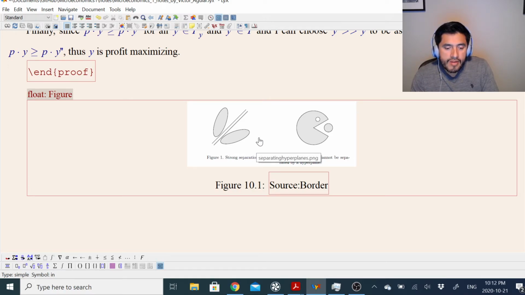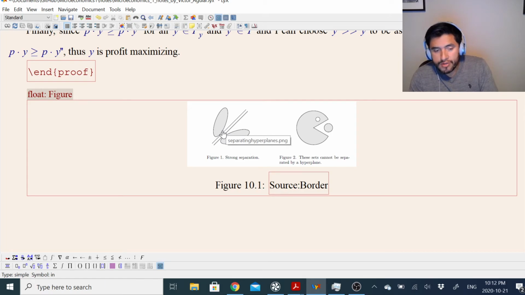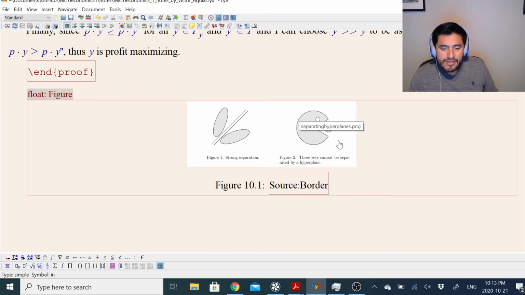It claims that if you have two convex sets that are closed, you can always pass a line between them that separates them completely, especially because they are disjoint. Now, let's go to the second figure that looks like a Pac-Man, right? Can you pass a line that separates this convex set, the small circle here, from the Pac-Man? You cannot, right? There is no line that separates them.